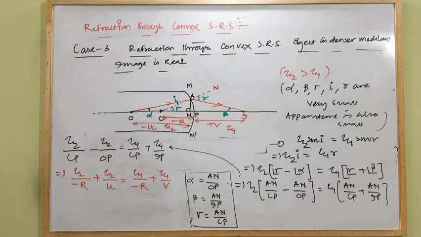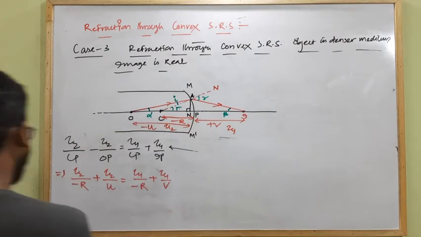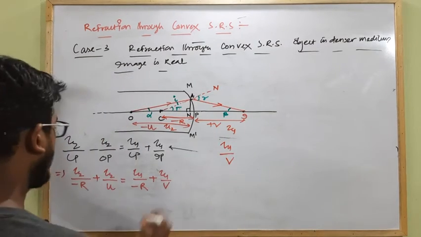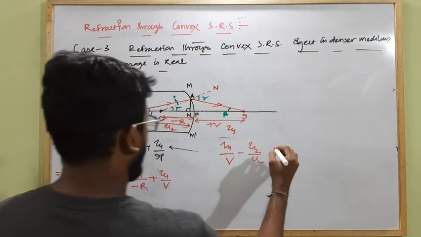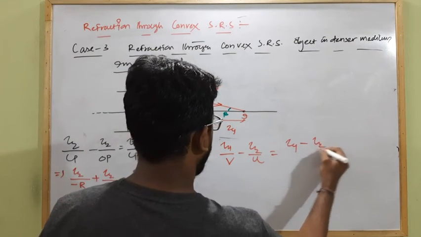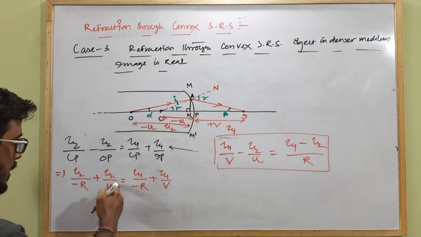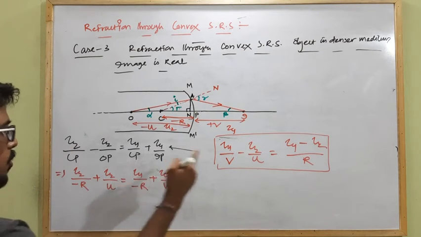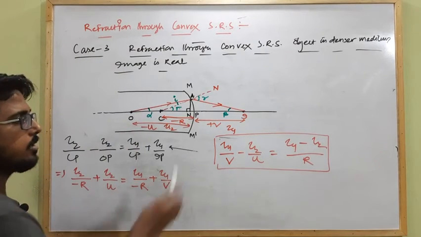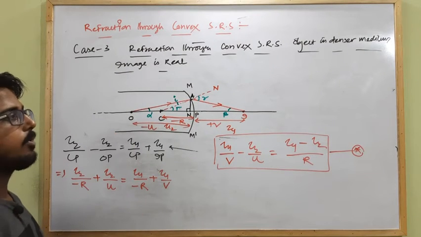So now rearranging it, we will get mu1 by V minus mu2 by U equal to mu1 by R minus mu2 by R, so mu1 minus mu2 by R. So this will be the expression for the third case, when object is in denser medium and image will form real.